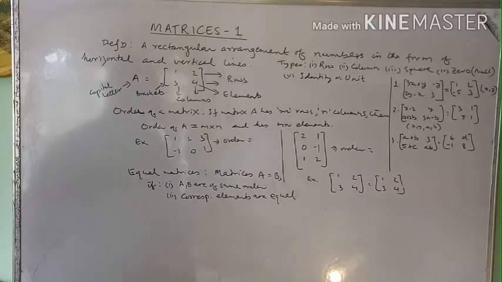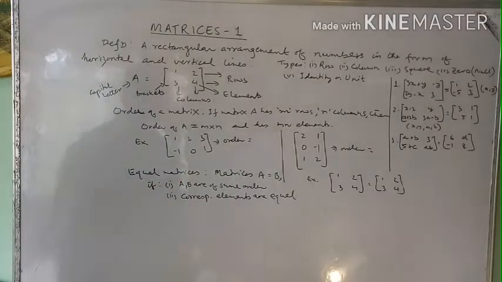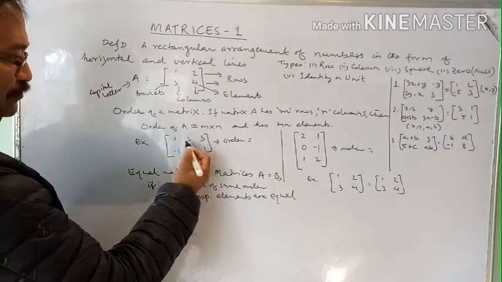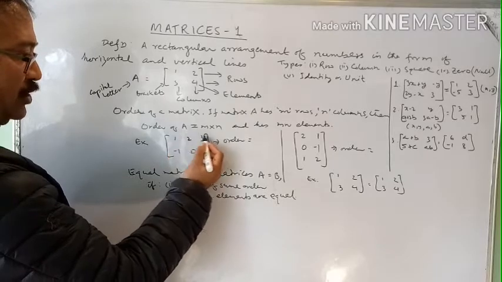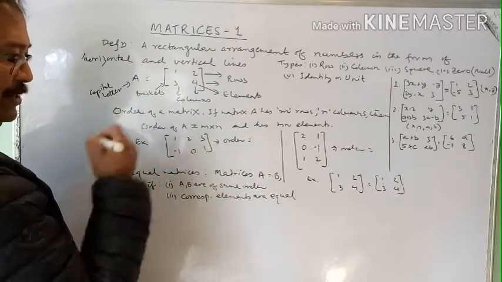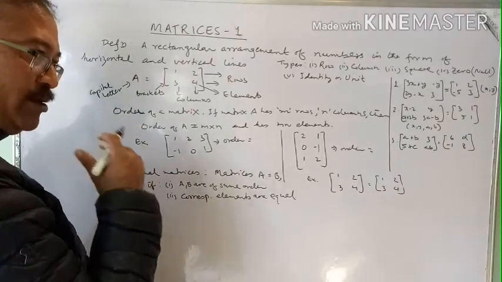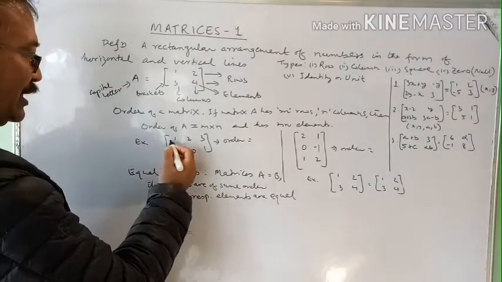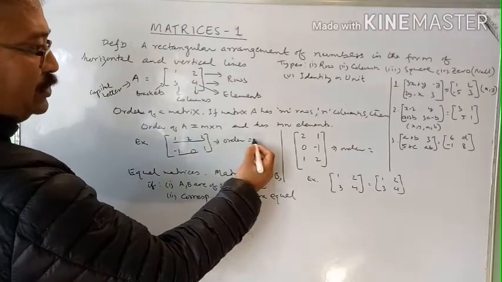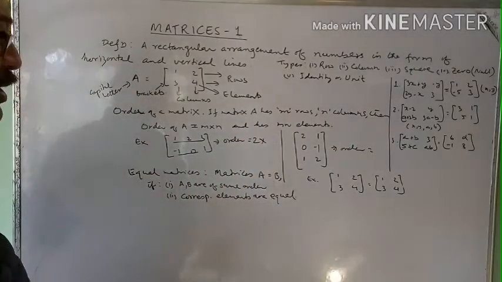To understand it better, let's take a few more examples. Let's take the first example. In the first row you have elements 1 2 3, in the second row you have -1 0 1. What is the order of the matrix? First we count the number of rows. These are horizontal lines: 1 2, so it has 2 rows. How many columns does it have?